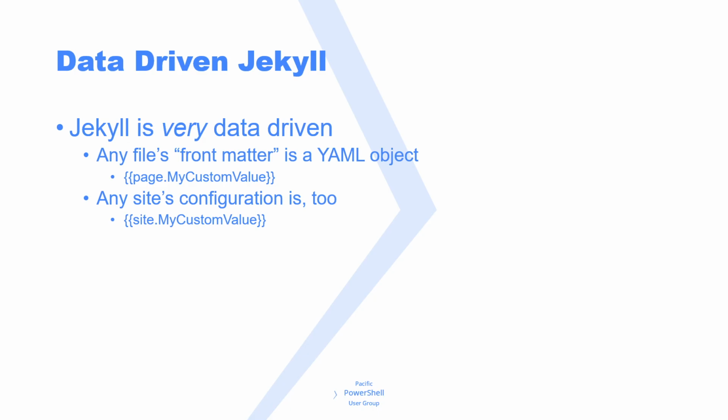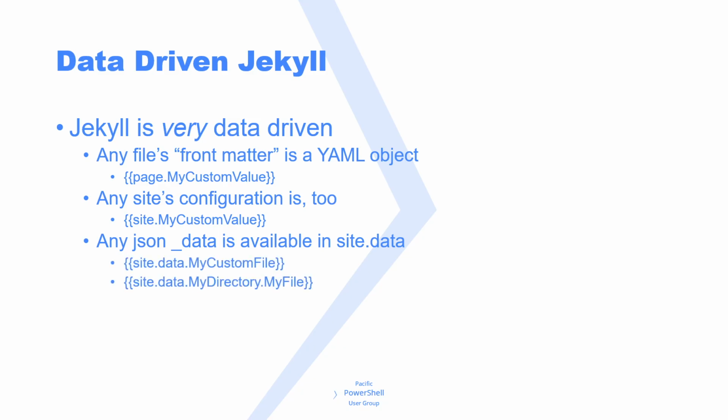Where it gets really exciting for PowerShell and for everybody, though, is any JSON data, actually any data in JSON, YAML, CSV, or TSV, underneath underscore data is available in site.data. So you can have site data, my custom file, or site data, my directory, my file. It will surface a hierarchy of objects if you have a hierarchy of folders, which is extra nice.